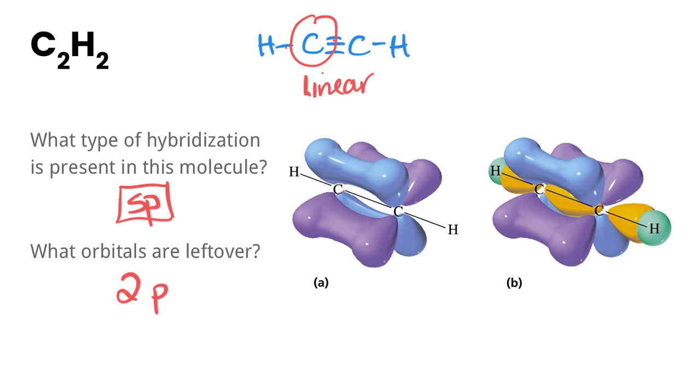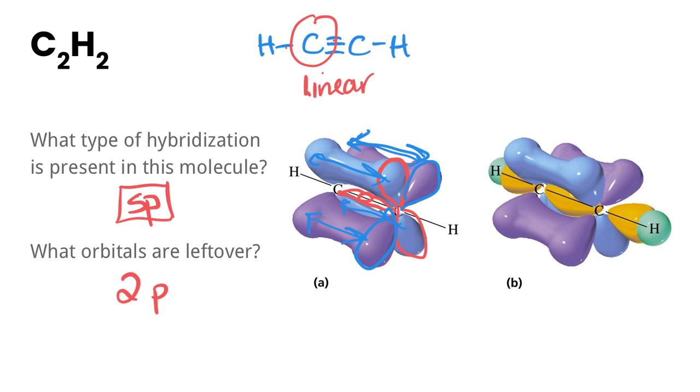The sigma bond between the two carbons is the overlap of two sp hybrid orbitals. And then the p orbitals left over are here, and maybe we'll do another color here. You get that side-to-side overlap between the p orbitals left over. So the purple ones overlap, and then the blue ones overlap.